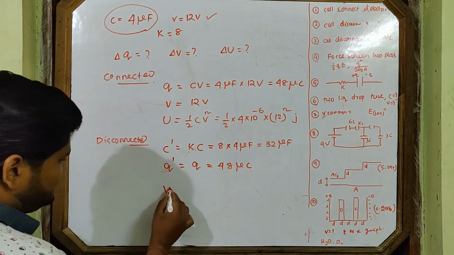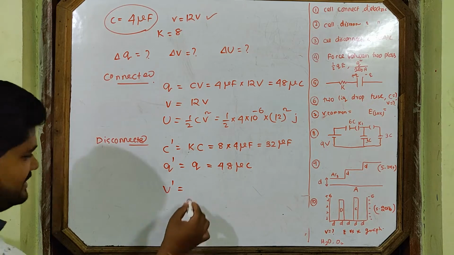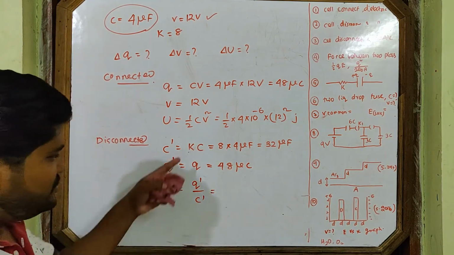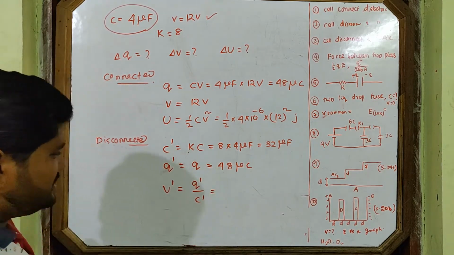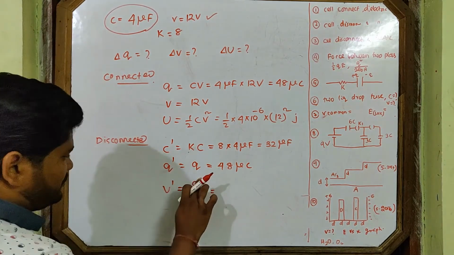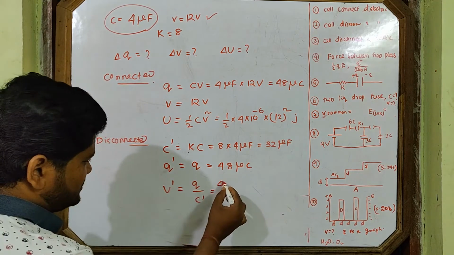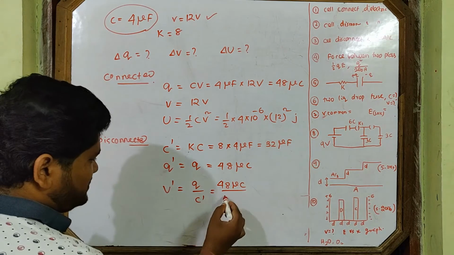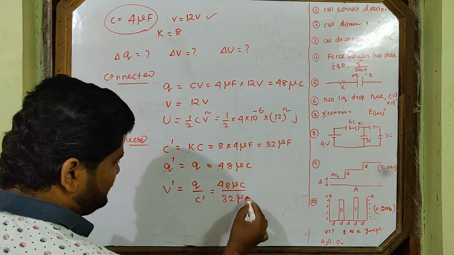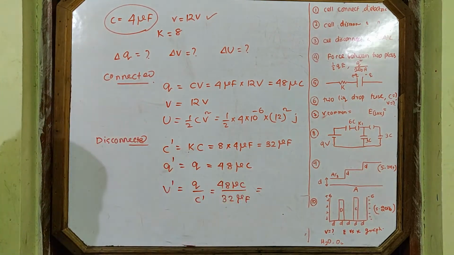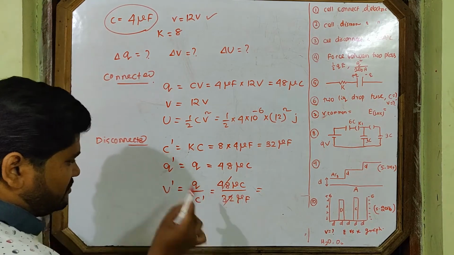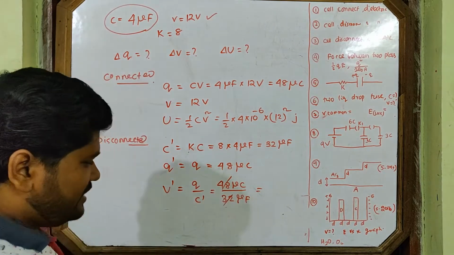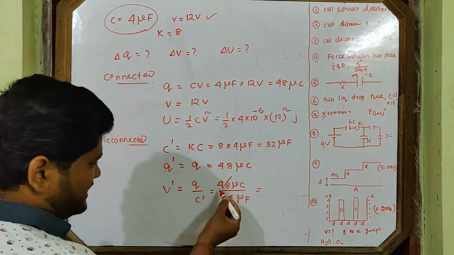Potential difference changes, that is, Q by C means Q dash by C dash. Both change here. Q remains as Q, no problem. So this is 48 microcoulomb by C dash, which is 32 microfarad. The micro cancels.